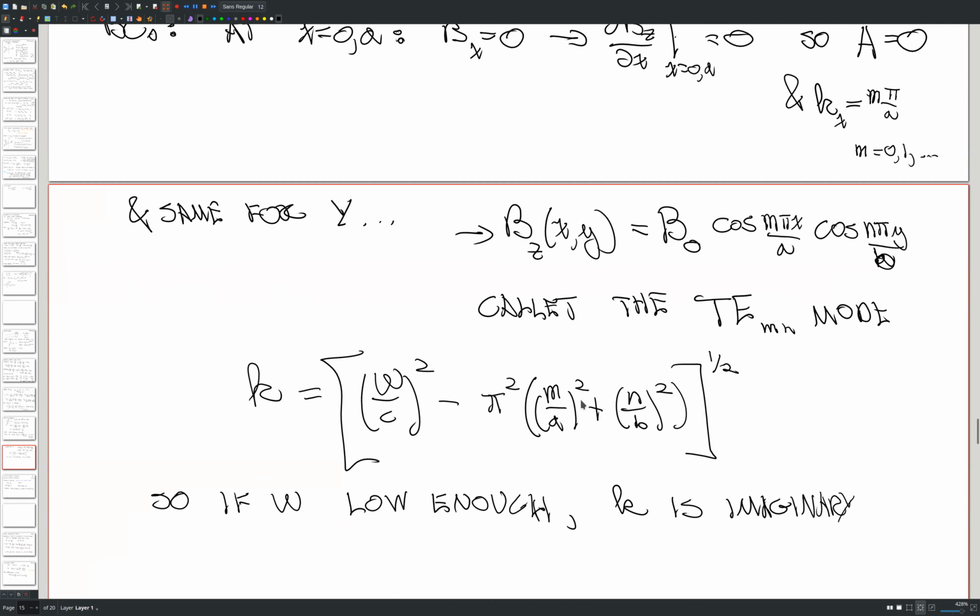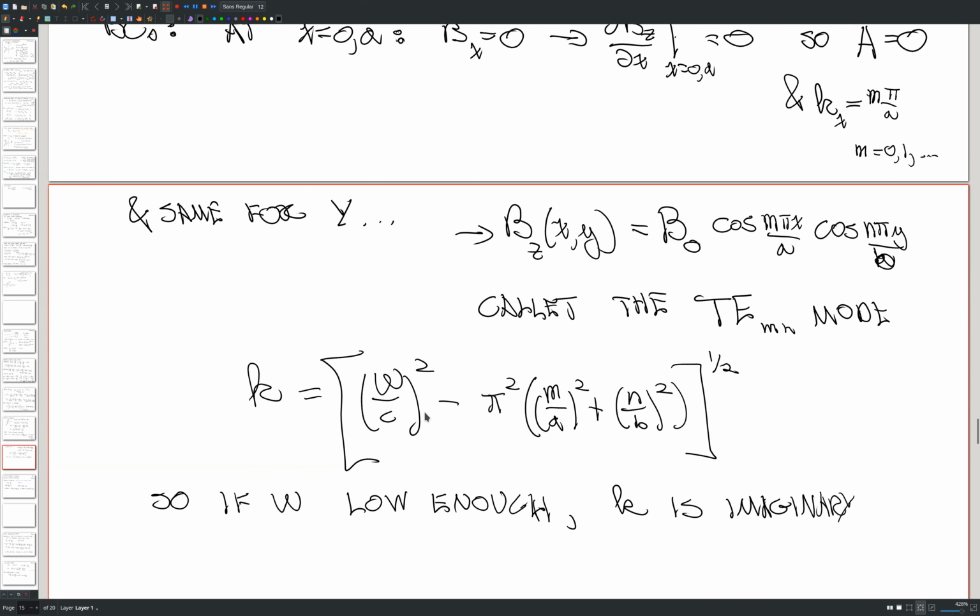Given m and n, if my omega is not big enough, then this thing is negative, and k becomes an imaginary thing, which means that the wave cannot propagate. It's attenuated. As I move along z, instead of having e to the i kz, because k is imaginary, I get e to the minus some number z. Therefore, the wave doesn't propagate.